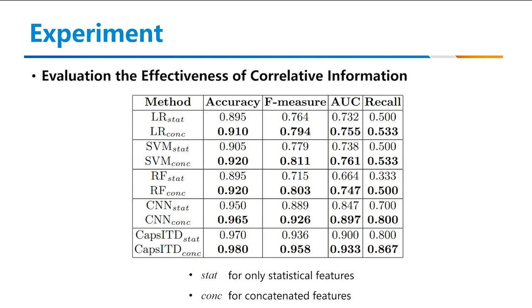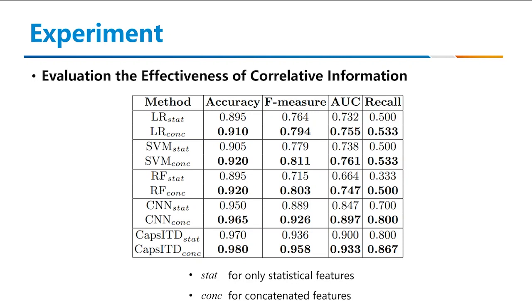The concatenated features, which incorporate correlative information, are improved in all three machine learning methods and two deep learning methods compared to only statistical features.